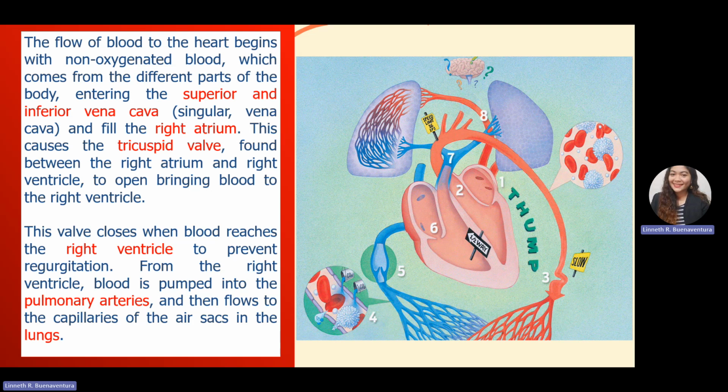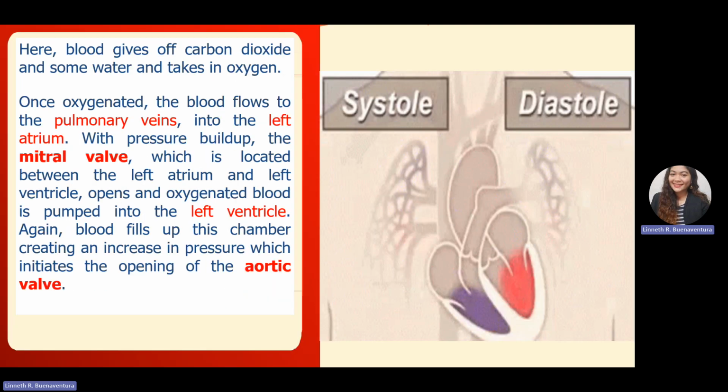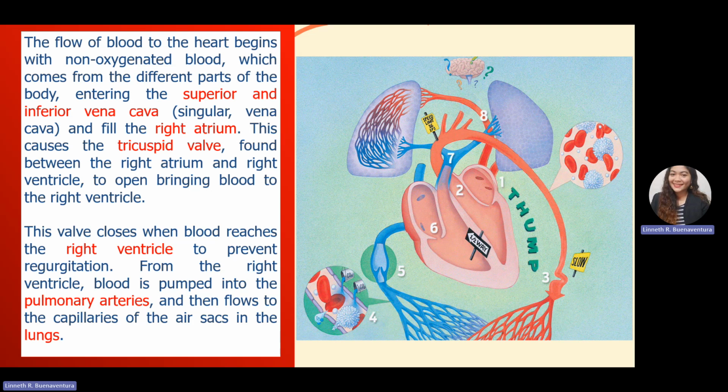So the left atrium will pump the blood. So the bicuspid valve will open and fill the left ventricle. So once it is filled, the left ventricle will pump it, and then the blood will be transported to the aortic valve. So here is the aortic valve, and then the aortic valve will distribute all the blood rich in oxygen towards the different body parts.